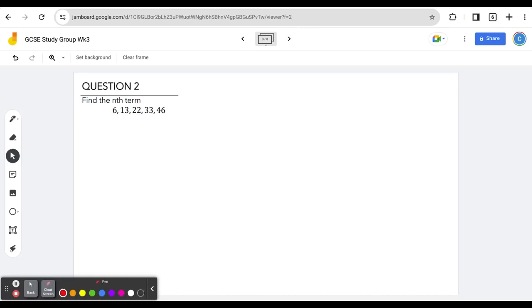Question 2. We have a sequence here, and if you look at the differences, I'm going to write the sequence out at the top here: 6, 13, 22, 33, 46. If you look at the differences, we have here plus 7, and then we have here plus 9.